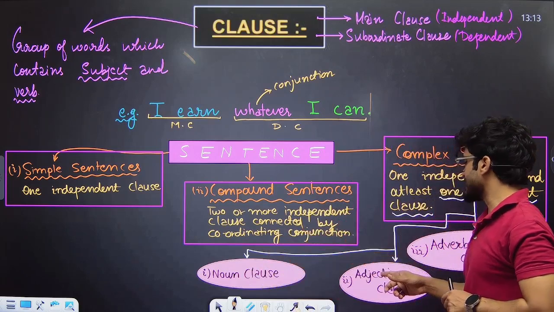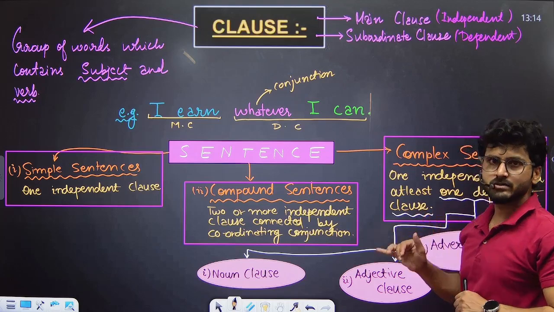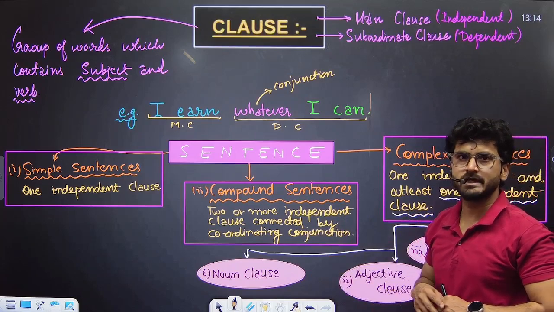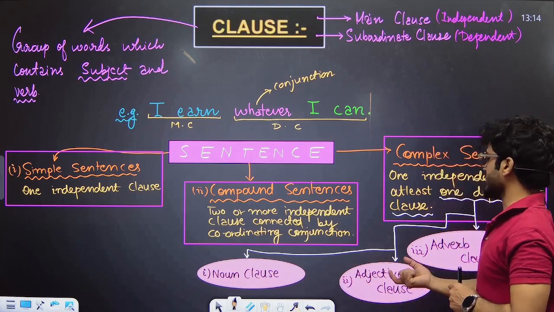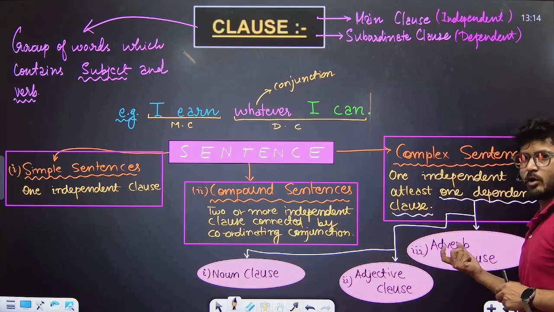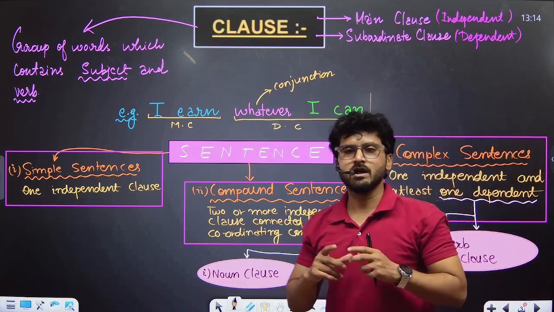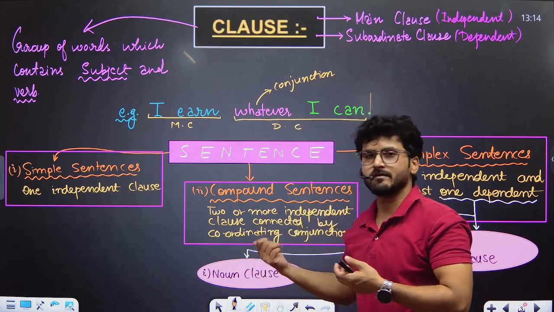Similarly, what is an adjective? What is an adverb? An adverb modifies the verb. An adjective provides information about the noun. So where the group of words is informing you about the noun, it will be a noun clause.